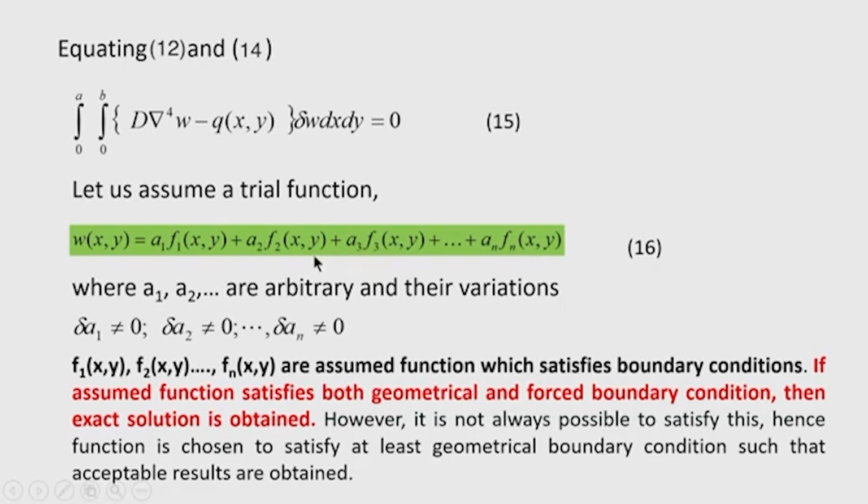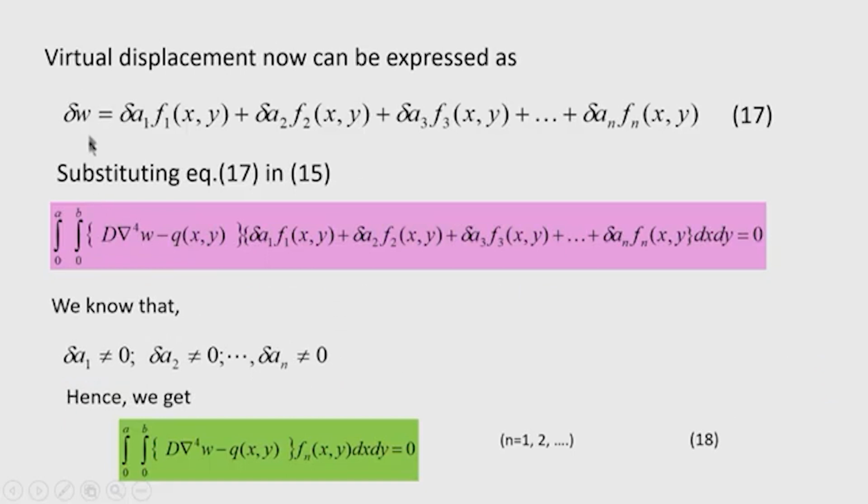So, if I substitute this expression here after taking the variation of this displacement, then in place of delta w in the original expression, this is now substituted, and then integration is done with respect to dx dy.